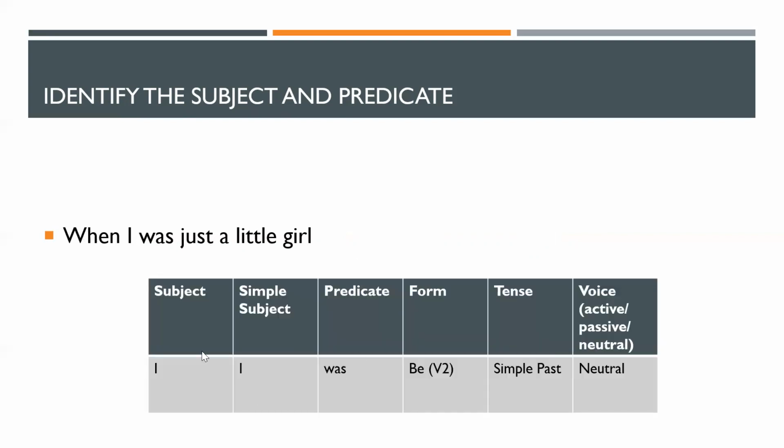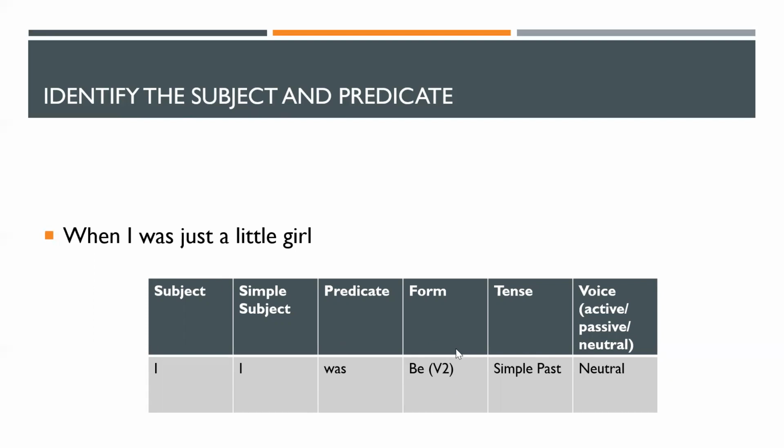Please have a look at the next exercise. Please identify the subject and predicate of this sentence. When I was just a little girl, like this one. So we have the subject is I. Because we have only one word, the simple subject will be I. The next one is the predicate. We have was, right? Was, and then the form is be in the form of verb to, right?